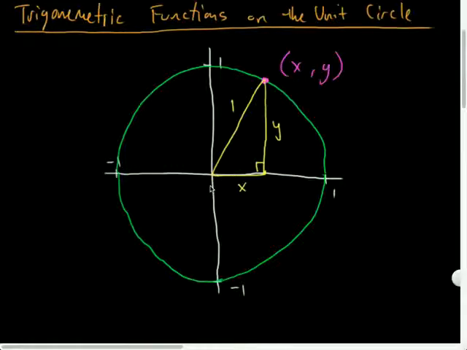And if I also combine my other concept from two sections ago regarding angles in standard position, this angle right here I could refer to as theta. So my question for you is this. What are the values of sine and cosine on this unit circle, specifically of theta?